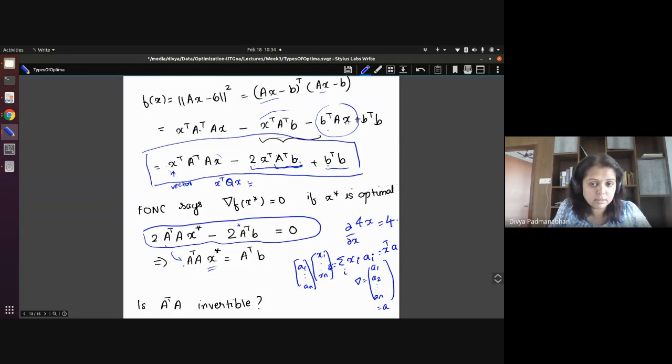This evaluates to the summation over all i, j of Q_ij x_i x_j. So this is a polynomial in x, and now you know how to differentiate this. You should get practice taking derivatives of these kinds of expressions.